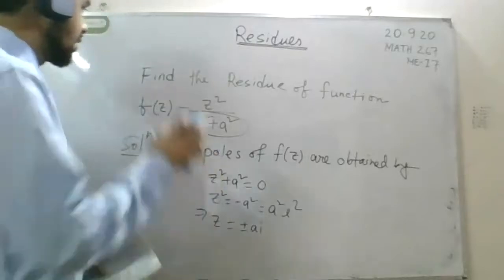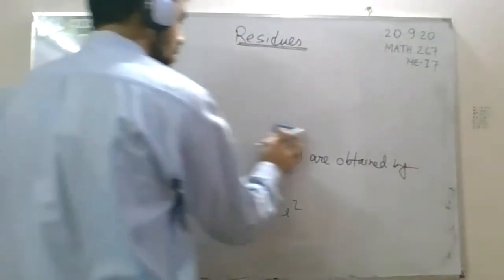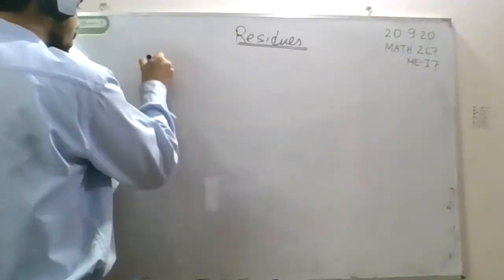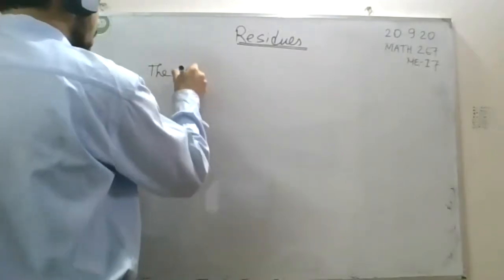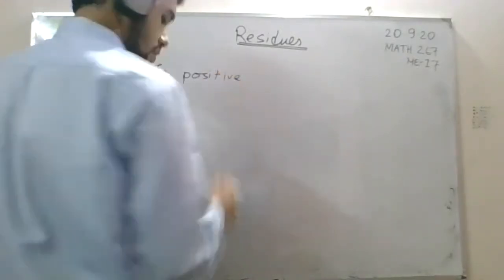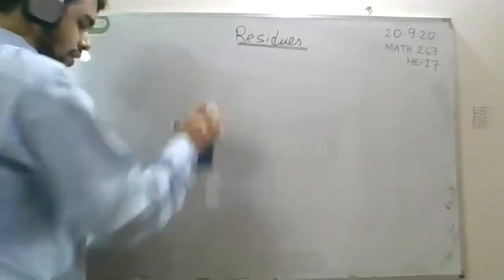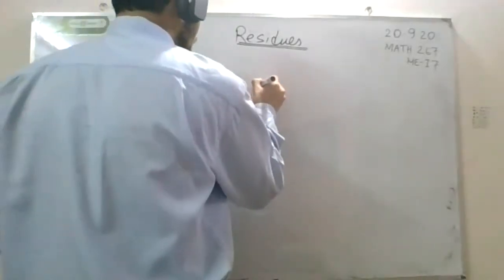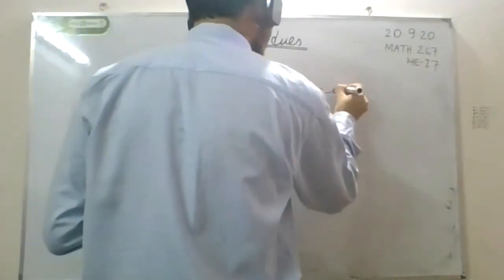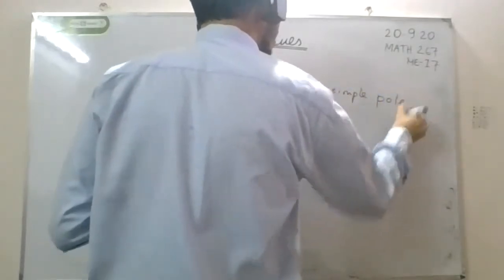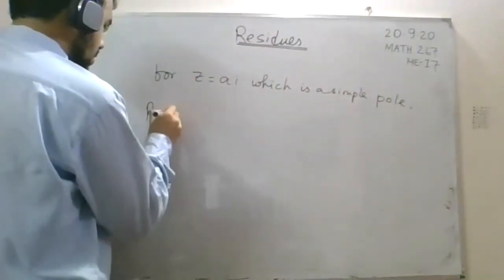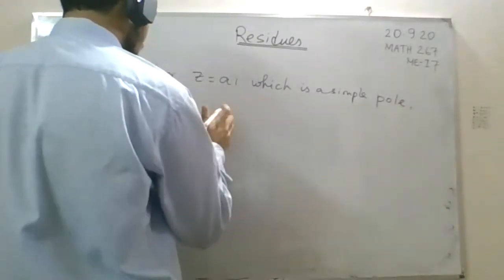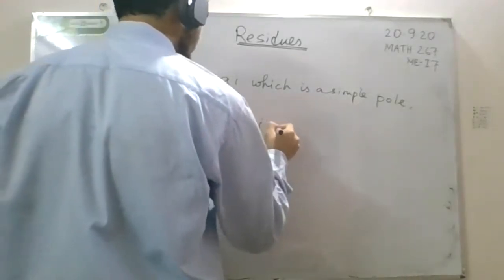Okay, so if I take only the positive value, say ai, which is a simple pole, then the residue at z equals ai is.